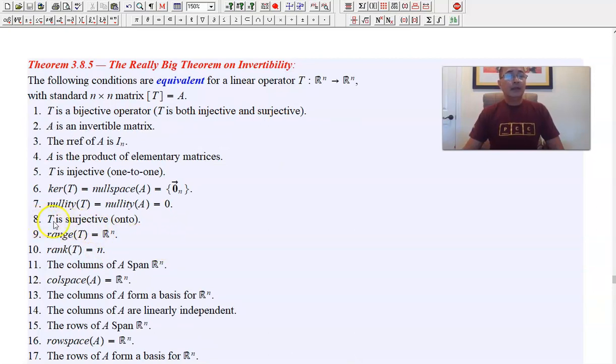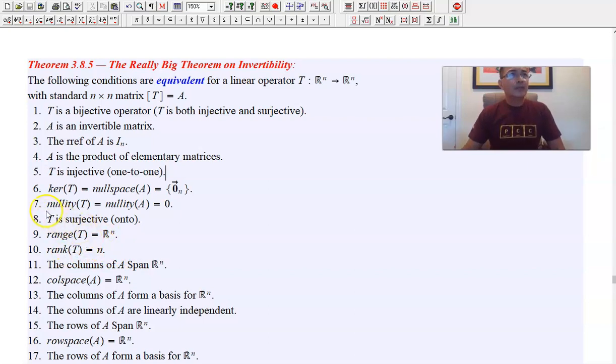So similarly, T is both injective and surjective if and only if T is only surjective. Because if it's surjective, then the rank is n, the nullity is 0, T is also 1-to-1, 2-for-1. What does surjective mean? The range of T has to be all of Rn, which means that the rank of T has to be n.